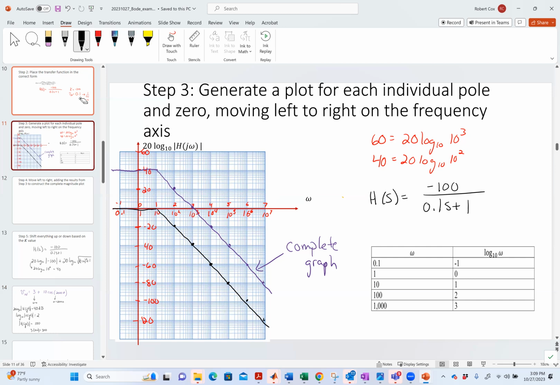Remember, how do I write an equation of a line? I need to know its slope. I know its slope. What else do I need to know? Its y-intercept. What is the y-intercept of that line? If I drew it back, it would be 60.